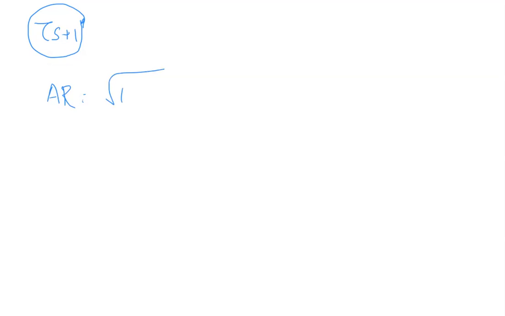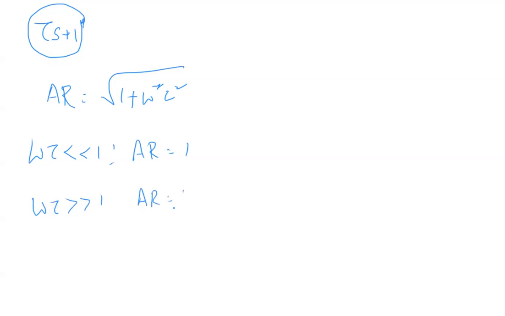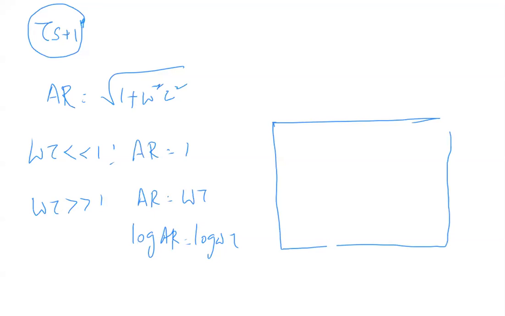Root of 1 plus omega square tau square. For omega tau less than 1, amplitude ratio is equal to 1. For omega tau greater than 1, amplitude ratio is equal to omega tau. So log amplitude ratio is equal to log omega tau. If you plot, directly I am plotting the Bode plot.